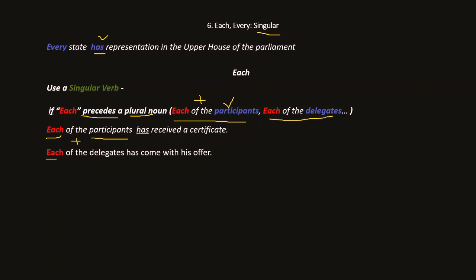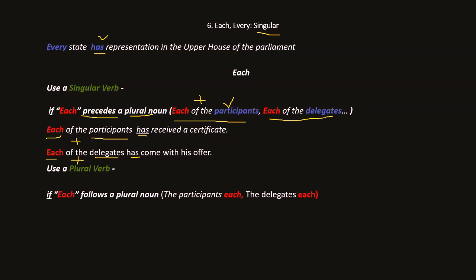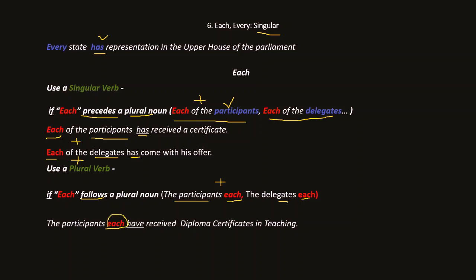However, we use a plural verb if each follows a plural noun, if it is plural noun plus each structure. For example, the participants each, the delegates each. In these cases, each follows the plural noun. Look at the examples. The participants each have received, not has received. We say have received.